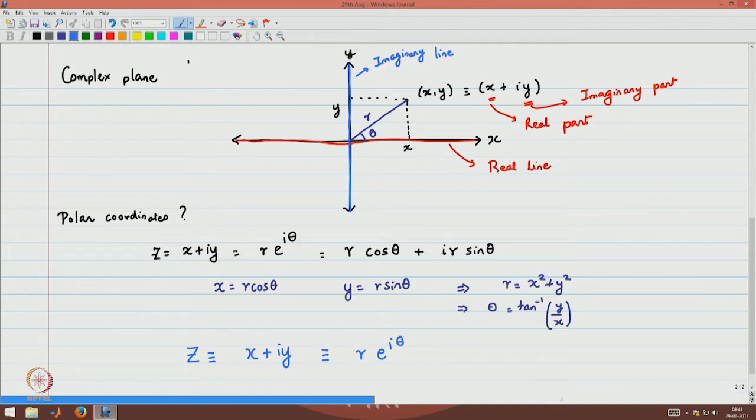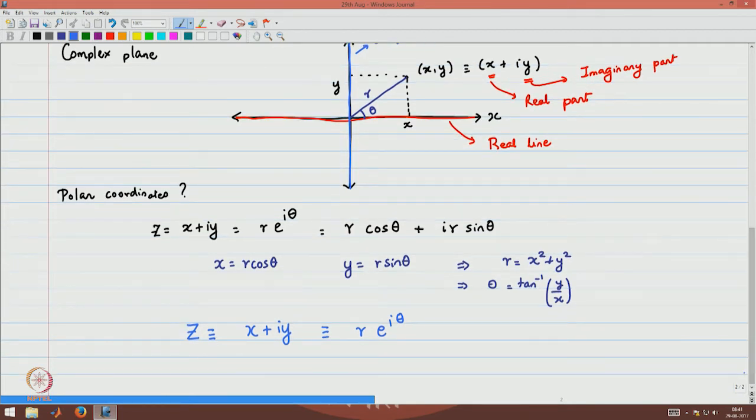Both these are valid descriptions of the complex variable, and you can use either of these based on what is convenient, and we will see some examples of that.